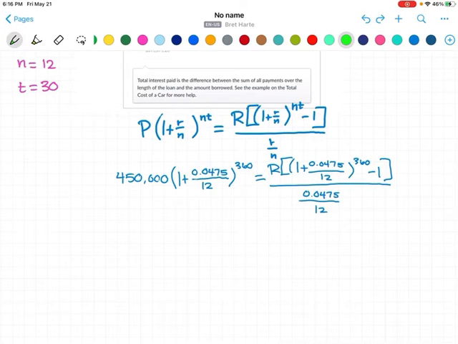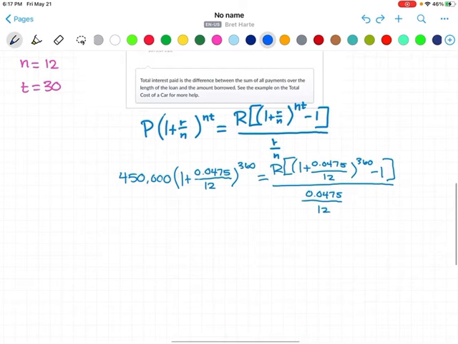Everything in the parentheses on the left side is equal to 4.1461786218, and that's going to be multiplied by the 450K.